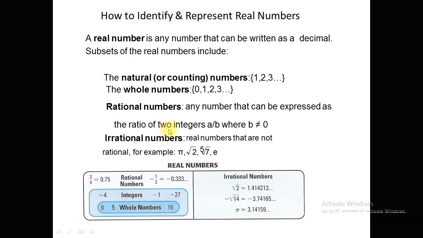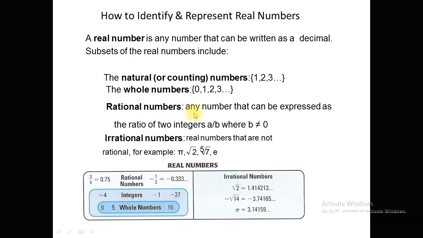The set of even numbers, prime numbers, and composite numbers are all subsets of real numbers, but the set of complex numbers and the set of imaginary numbers are not subsets of real numbers. So the union of rational numbers and irrational numbers is equal to the real numbers.